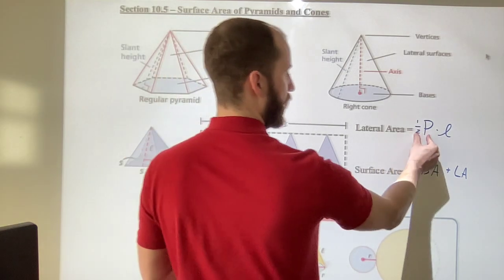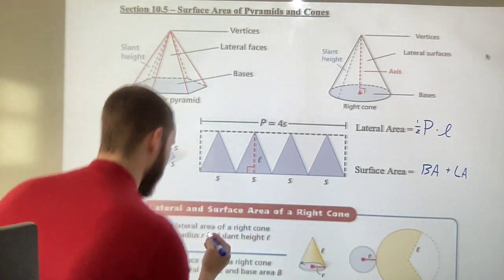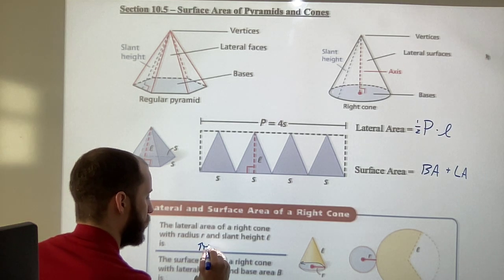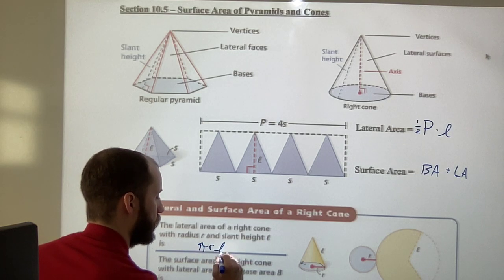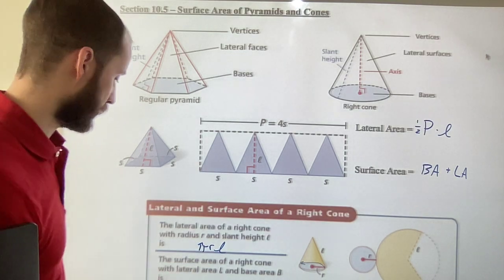So 1 pi r times L gets us our lateral area. So pi r L to get our lateral area.